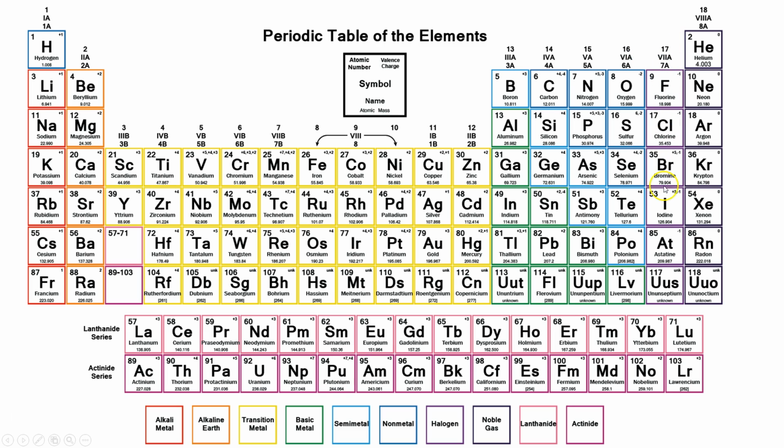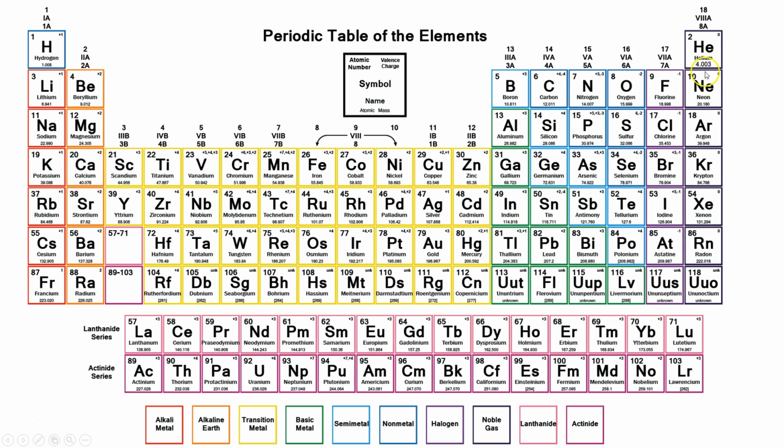And this group here, the halogens, have a charge of -1, because they need 1 electron, and when they gain 1 electron they fulfill a full octet.